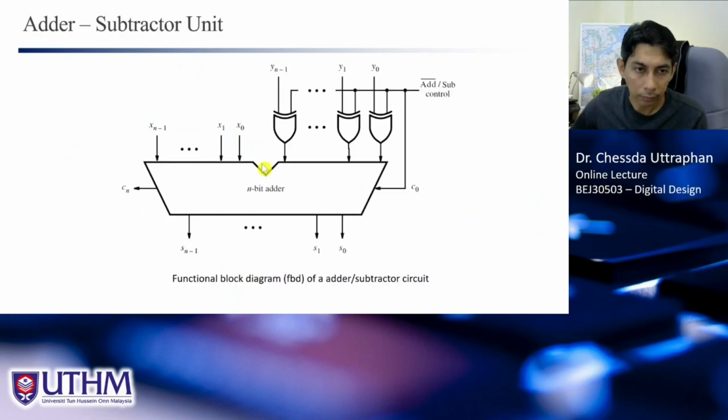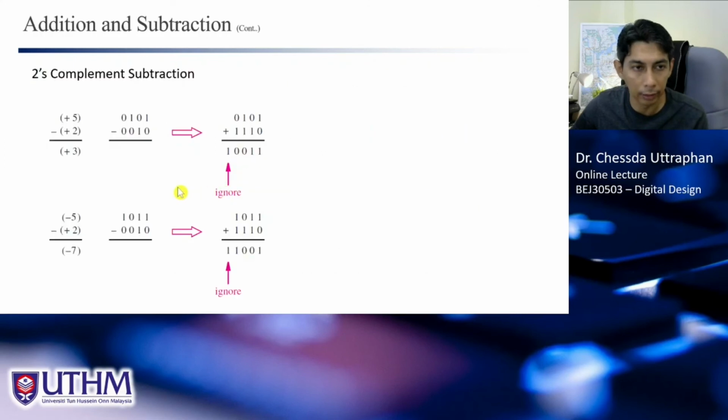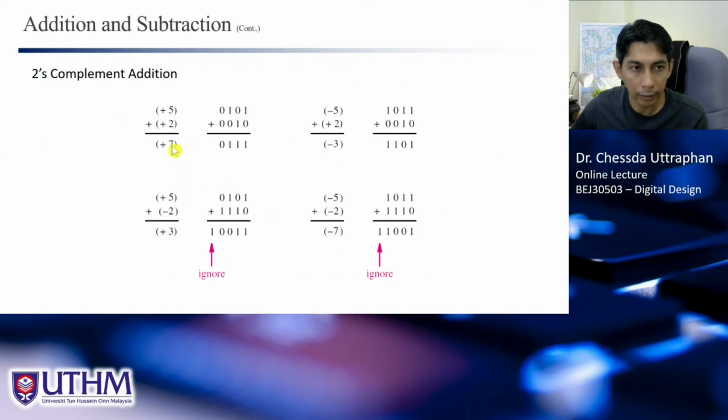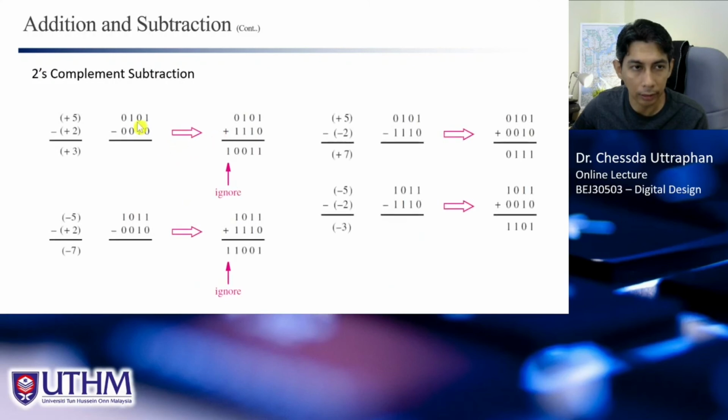So this is the adder subtractor circuit, where we combine, because just like we learned just now, when we want to do subtraction, actually we use an adder, only that we change the number, or we represent the negative number by using second complement representation.